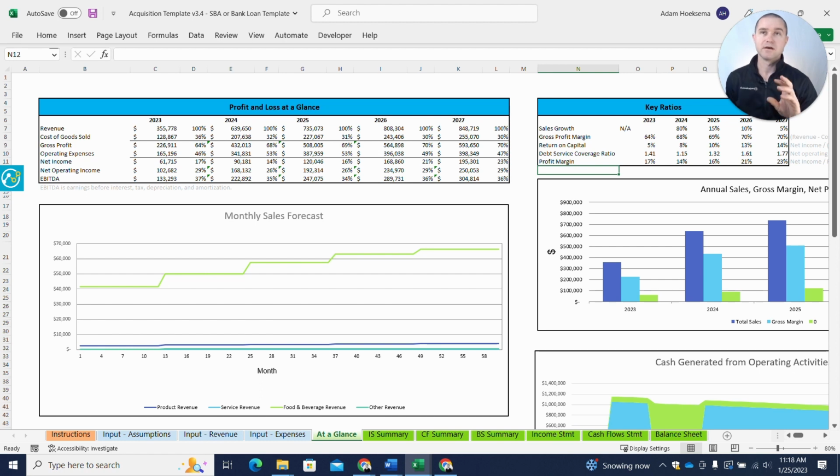So the magic number that you need your debt service coverage ratio to hit is 1.25. You'll want to have basically $1.25 of net operating income for every dollar of debt service that you have to pay.